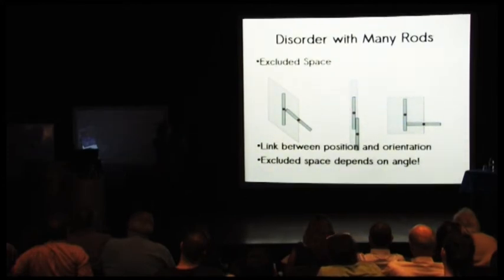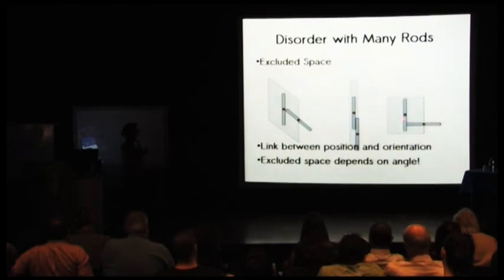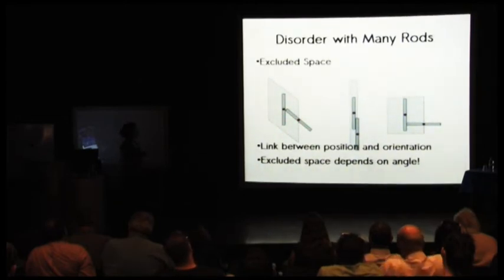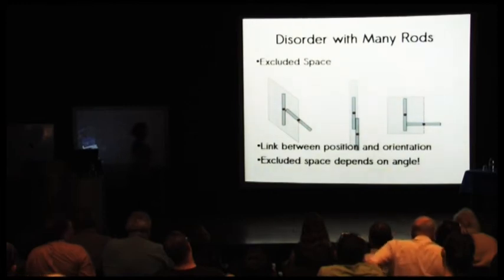And now let's suppose that the second rod has a particular orientation with respect to the first. So for example, this rod has a 90-degree angle between our first rod. This second rod here is parallel, or has 0 angle between this rod. And our second rod here has some arbitrary angle with our first rod.